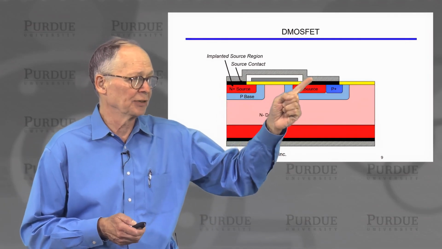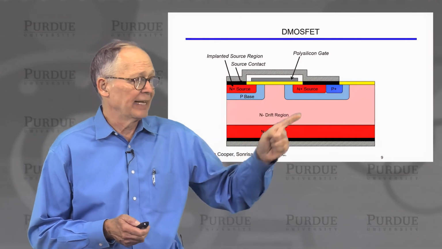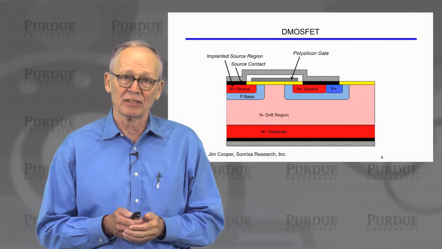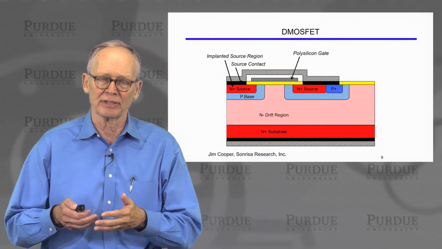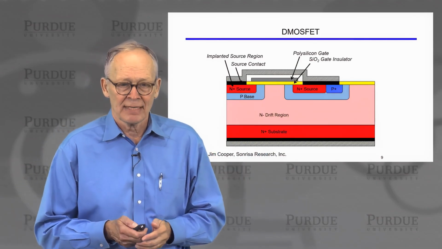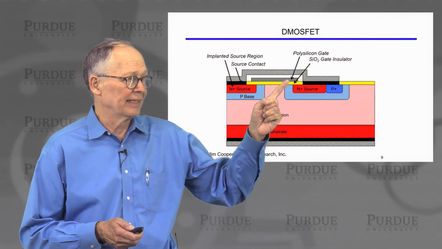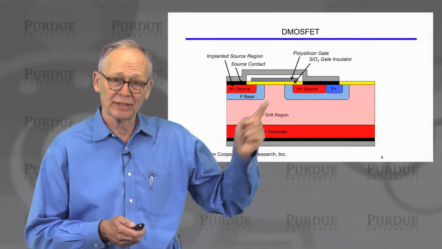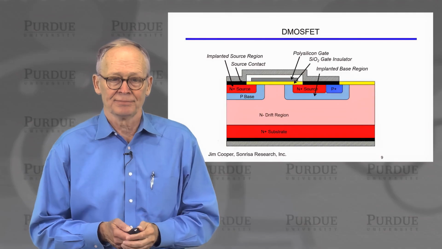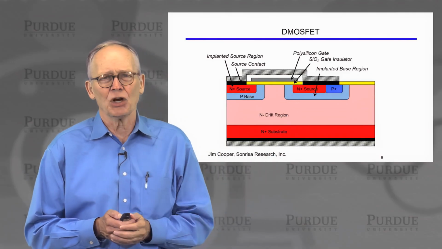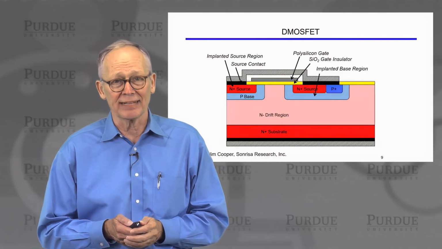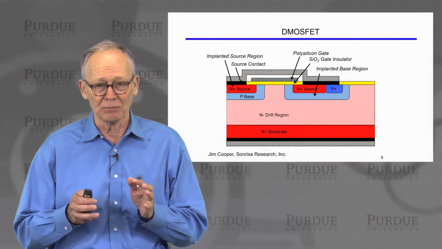There's another one over here. There is a silicon gate. Polysilicon is used as a heavily doped silicon layer that is almost metallic. There is a gate insulator using SiO2 here underneath that electrode. There is an implanted, it's called a base, but it's actually the P-type channel in our power MOSFET.